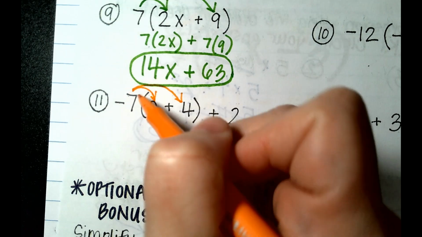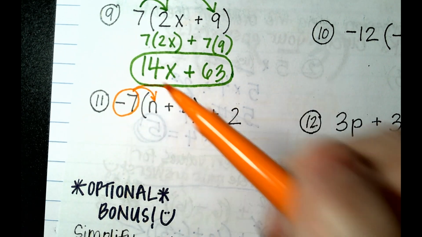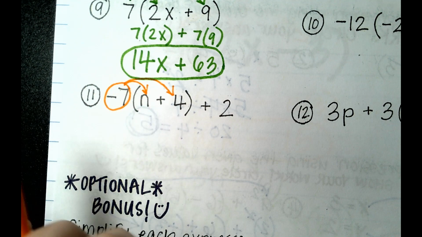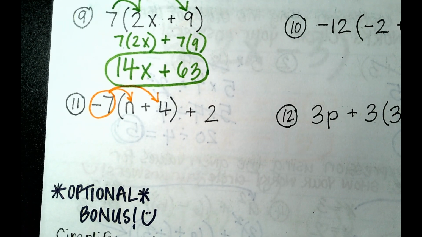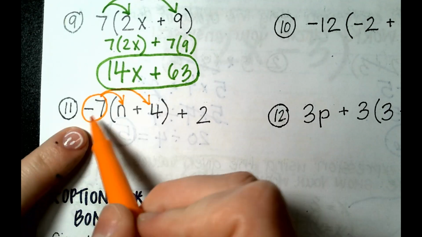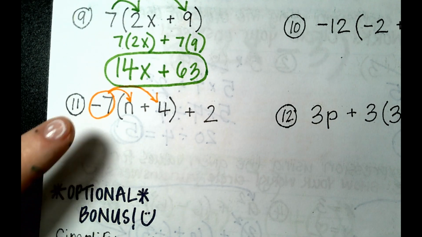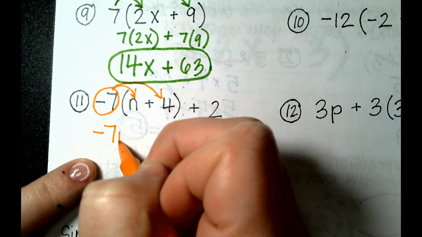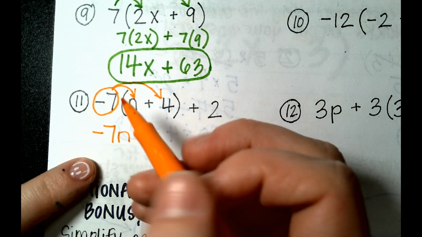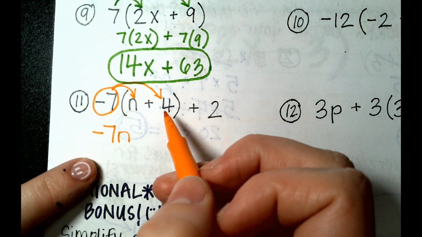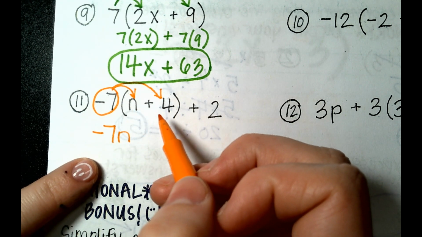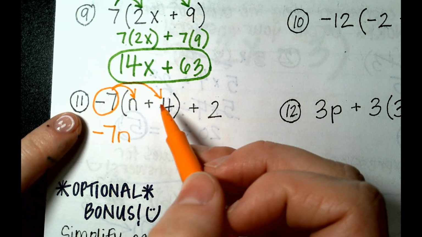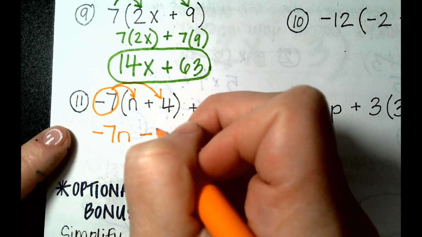Does that make sense what we're doing there? Okay. So we always want to distribute first because that's our multiplication. So negative 7 times n, what is that going to give us? Negative 7n. Negative 7 times positive 4? You said negative 28. Yes, perfect.